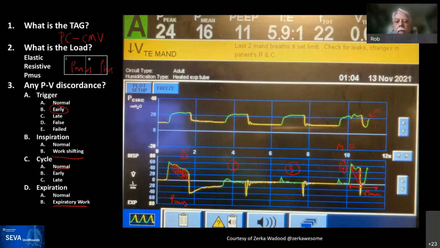But that does bring up an important point, which is what we were talking about: in this particular ventilator, it calculates the tidal volume as the area from here to essentially here. Correct me if I'm wrong, Rob. Yeah, that's correct. You can't see, but what you've just shown is the zero crossings.